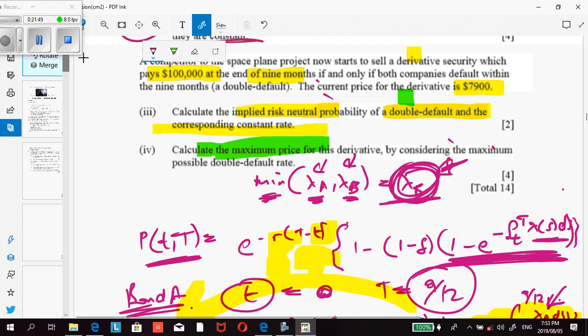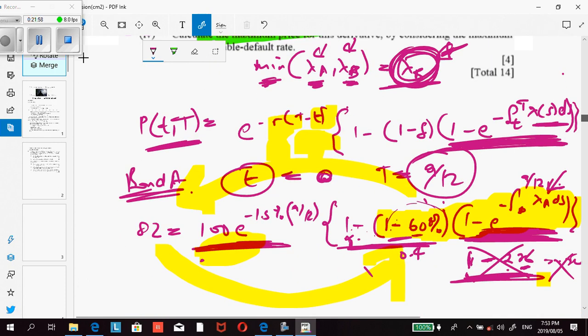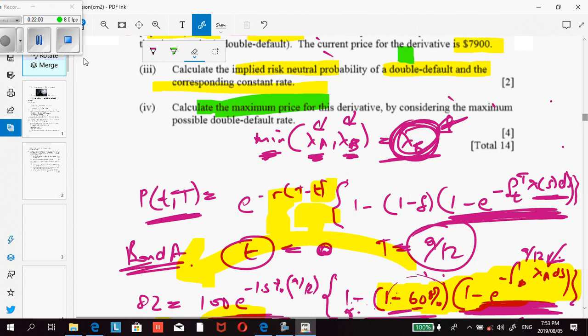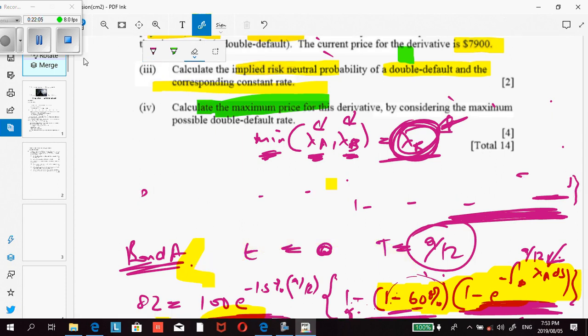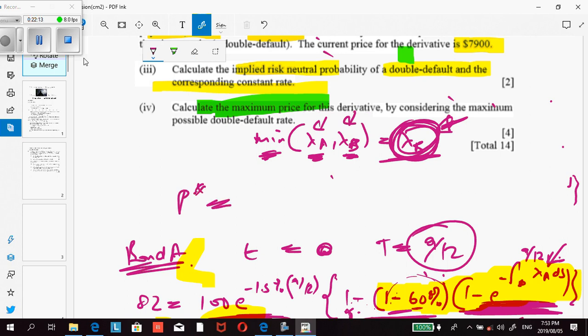Now you can calculate the maximum price, because the price is equal to, again using the formula derived under the two-state model, sorry, in the 5-step method, using that formula, I'm going to call this P star, a payoff of 100,000, but I have to discount this.